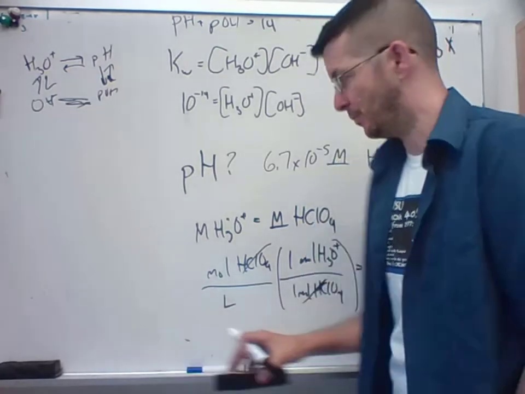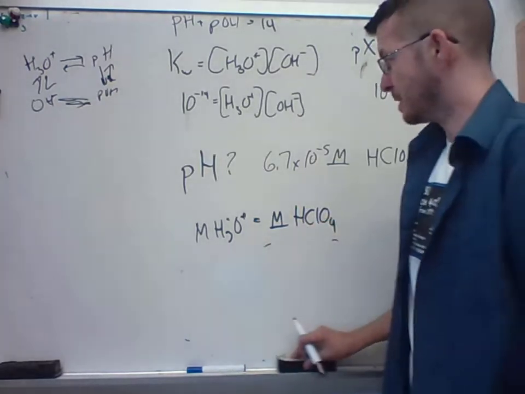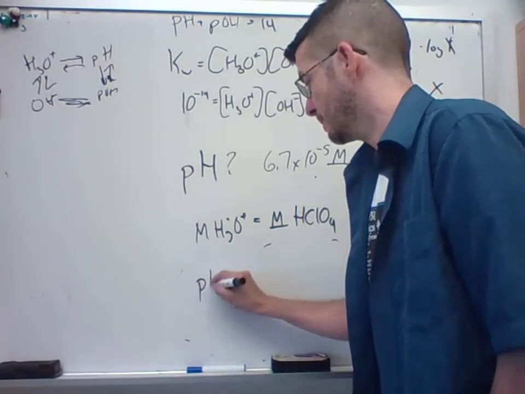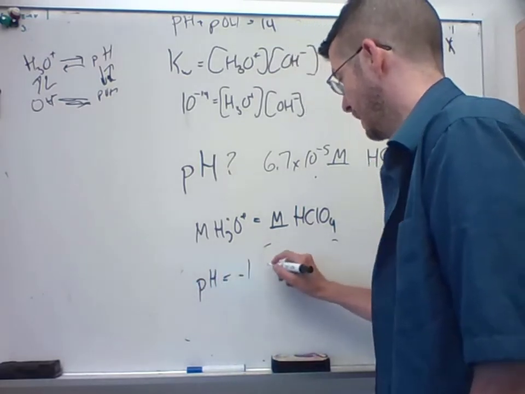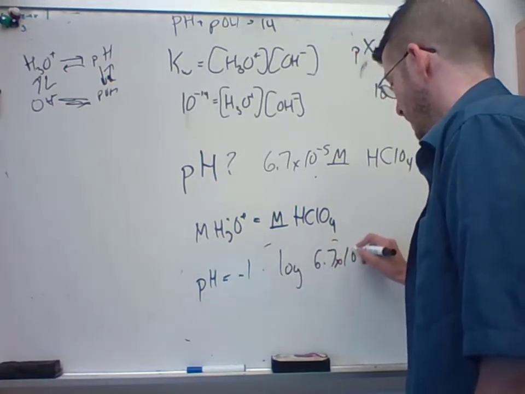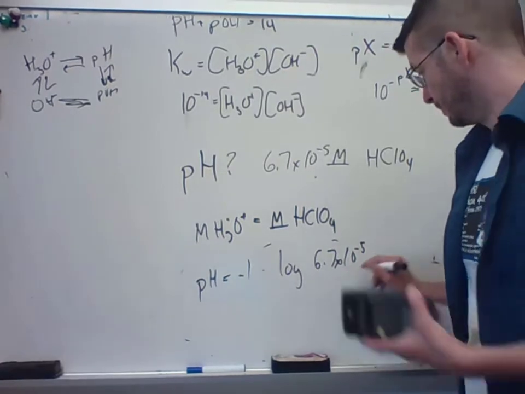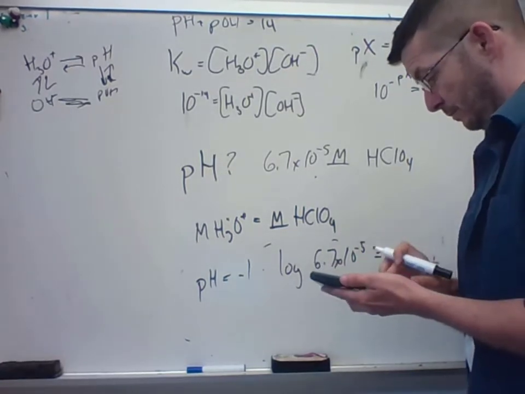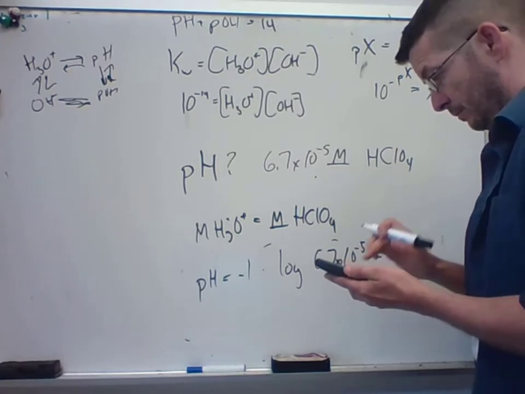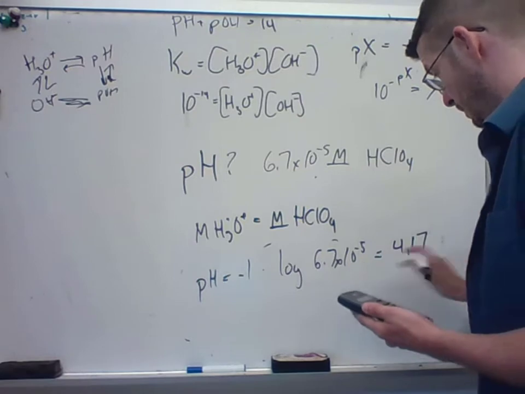And that's the long form. But simply this will equal the H3O+, and so the pH will equal -1 times the log of 6.7 times 10 to the minus 5th, or 4.17.